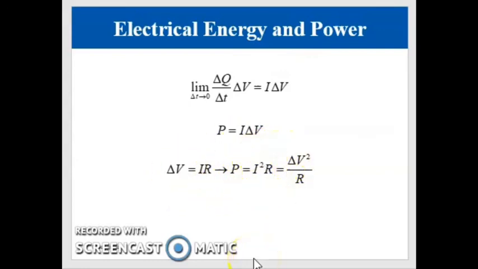Keep in mind that these two equations apply only to resistors and not to non-ohmic devices such as light bulbs and diodes. Thank you.